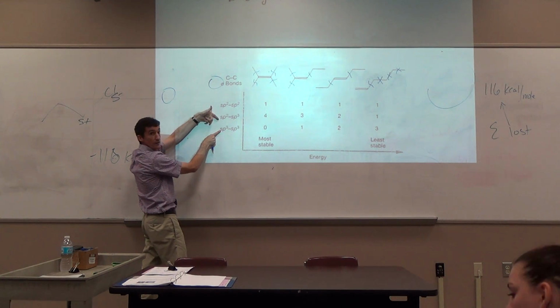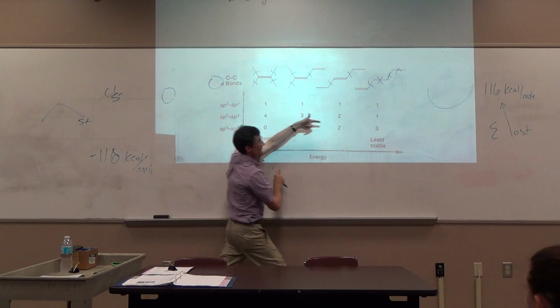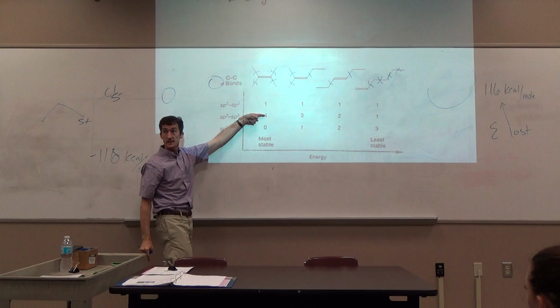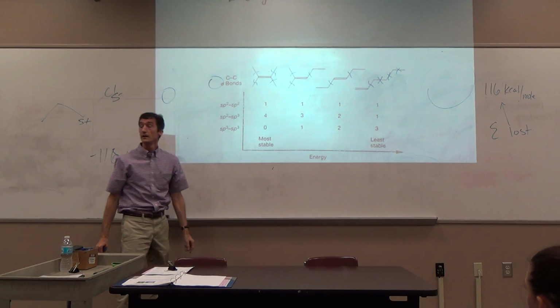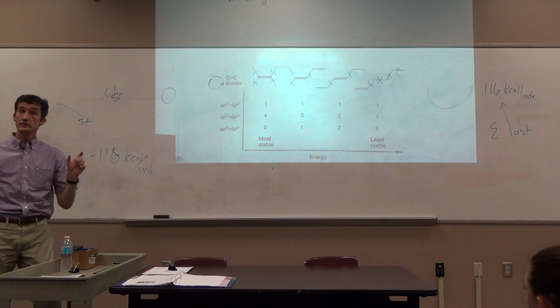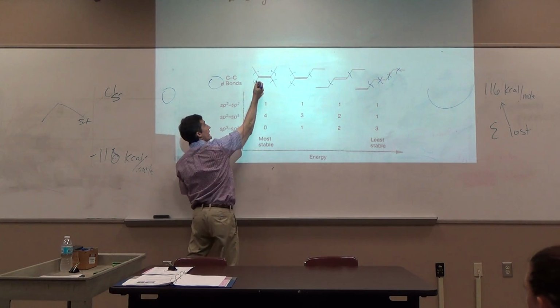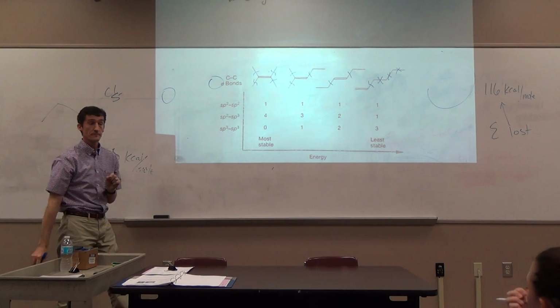That's a stronger bond. And that one has 4 of the stronger bonds, where this one only has 1 of the stronger bonds. Stronger bonds means more stable. So which one's more stable? That one. The take-home was, the more substituted, the more stable. That's why it has more of the sp3, sp3 carbon-carbon bonds.